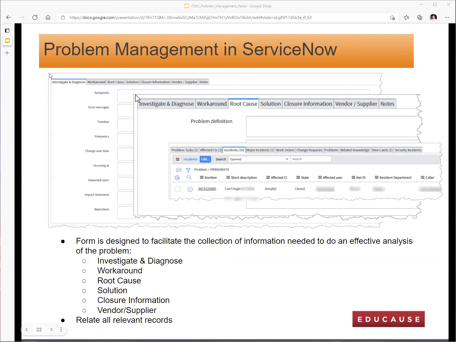So I wanted this form to capture that, and also capture all the related tasks. My colleague, the previous panelist, mentioned opening up problem tasks to take care of all the actions that needed to be taken care of, and recording the number of incidents involved with this problem. Anything else that came up along the way, I would hope would be logged in the problem record.